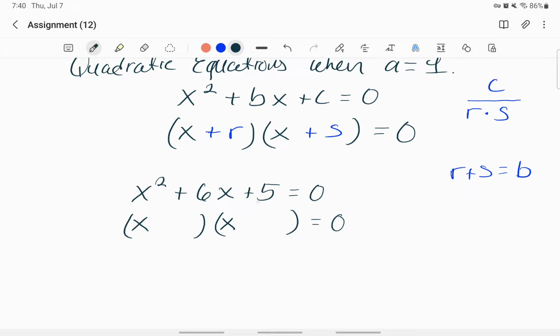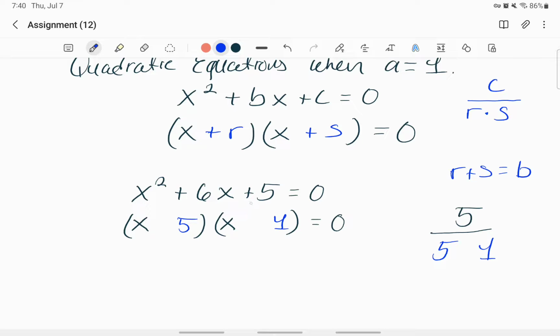Then after that, we want to find two numbers that multiply to positive 5. And the two numbers that multiply to positive 5 are going to be 5 and 1. These two numbers that multiply to the positive 5 must also add to the positive 6. That is right here. Let's put my 5 here and my 1 here.